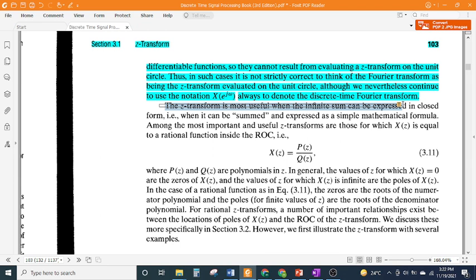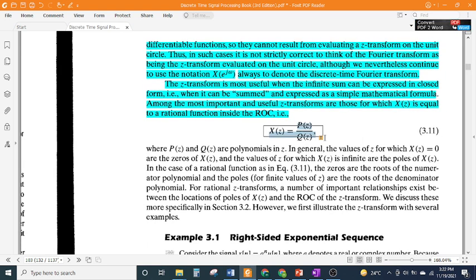Among the most important and useful Z-transforms are those for which X(z) is equal to a rational function inside the ROC, i.e., X(z) = P(z)/Q(z) (Eq. 3.11), where P(z) and Q(z) are polynomials in z.